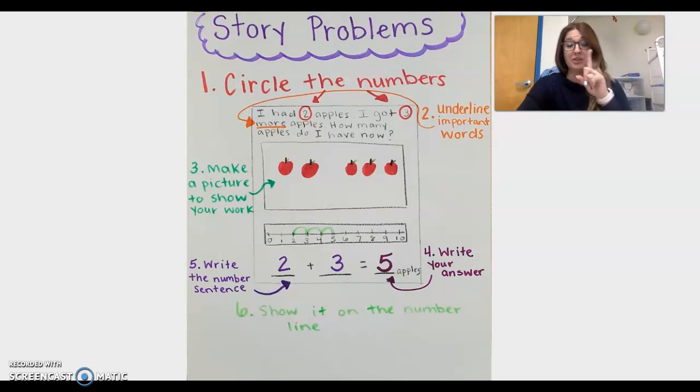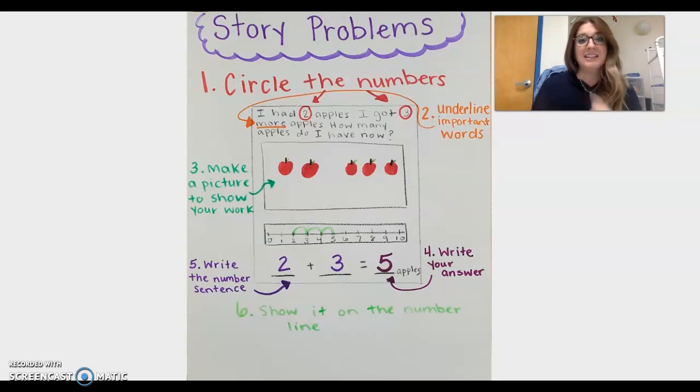So the first thing we have to do is circle the important numbers that we see. So I see and I heard the important number 2 and the important number 3.